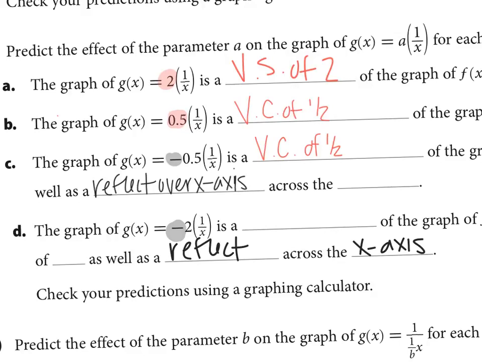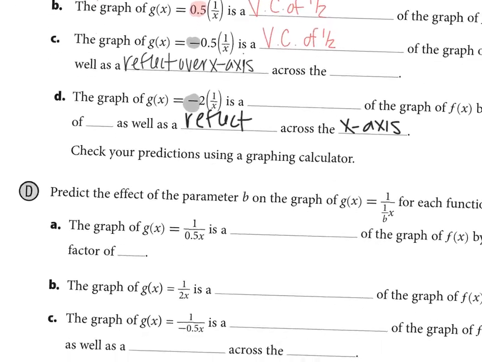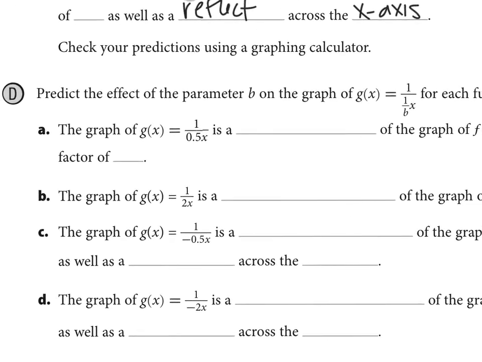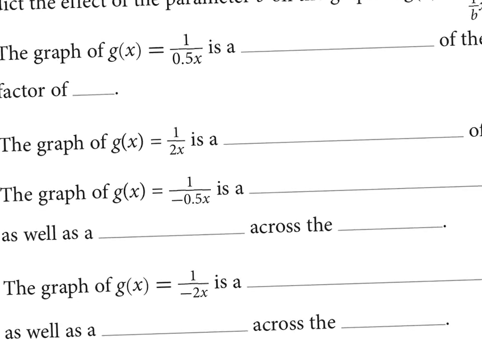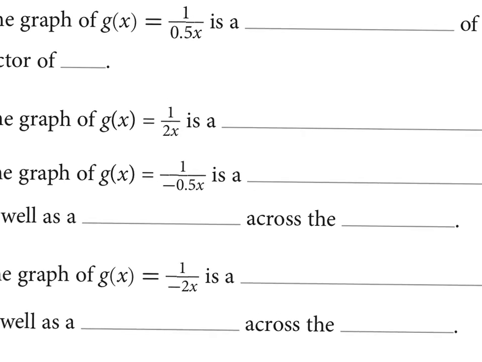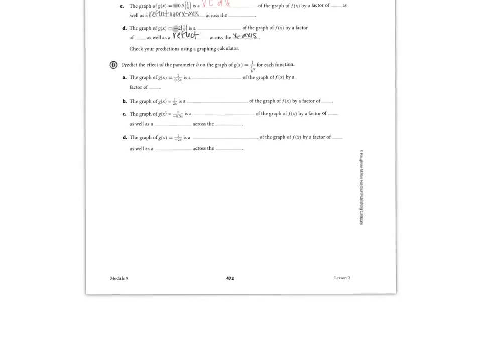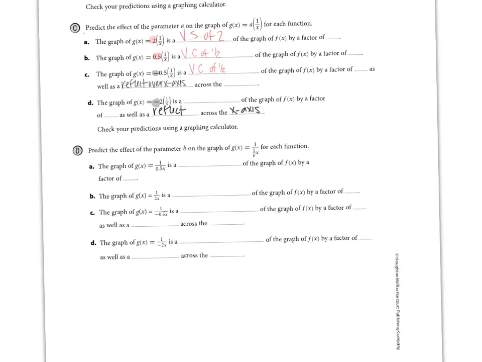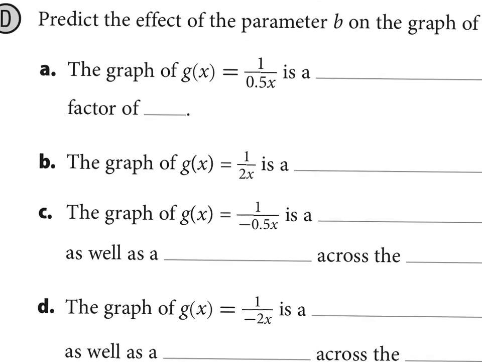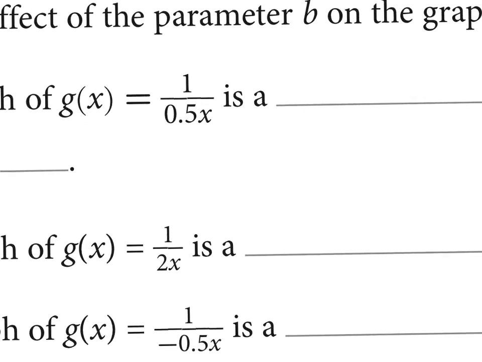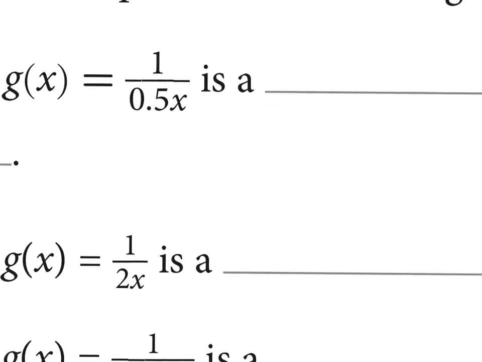Okay. All right, so the last part, part D, all of those numbers, where do you see them? There's one next to the x. They're technically on the inside because for our rational functions, we weren't looking at the inside, we were looking at the denominator, the bottom. So that 0.5x is like saying it's inside the parentheses.